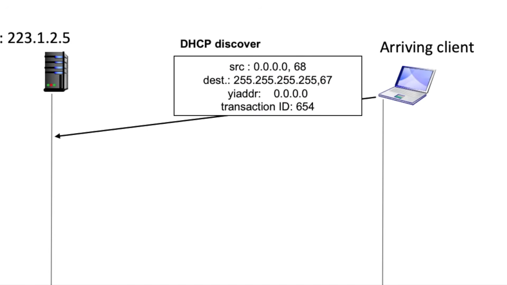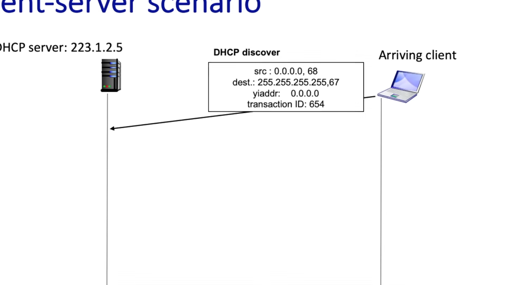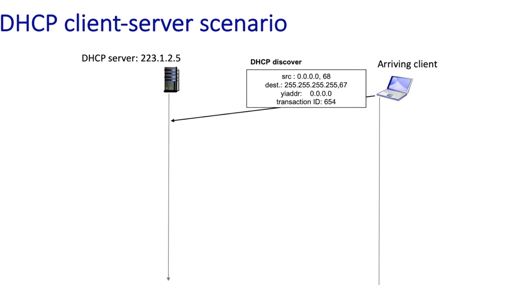And the UDP destination port number is 67, as we just noted before. Hopefully, there'll be a DHCP server sitting out there somewhere on the subnet listening for this service discovery message. Note also that there's a transaction ID field. It's got a value 654 here, and this will be used by the client to match any reply to this request.